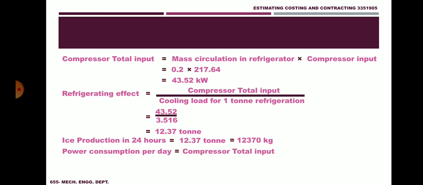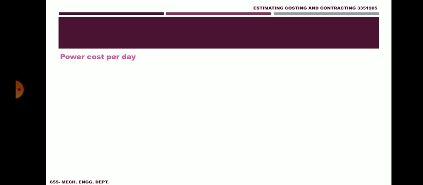Now power consumption per day equals compressor total input into hours per day. The compressor total input is 43.52, and the hours in a day are 24, which is equal to 1044.48 kilowatt hour. Now power cost per day equals power consumption per day into the power rate.